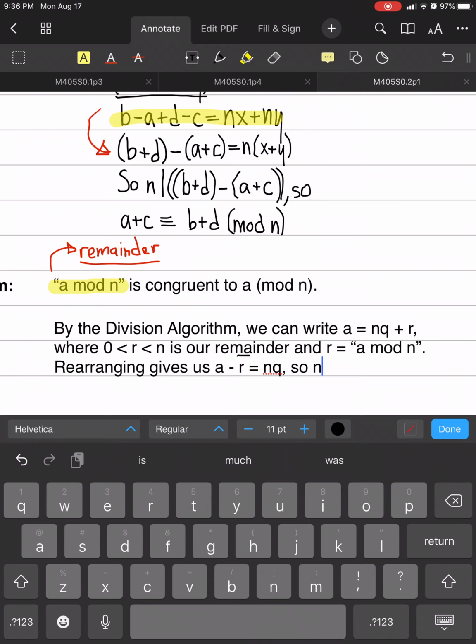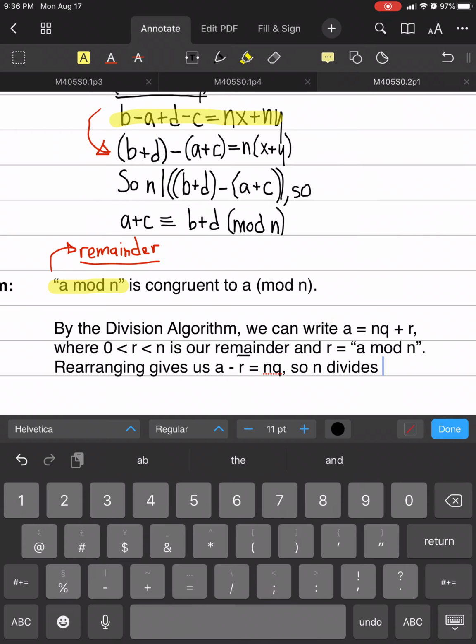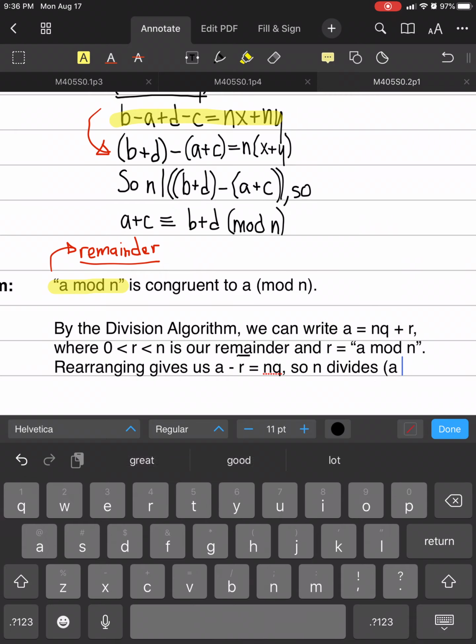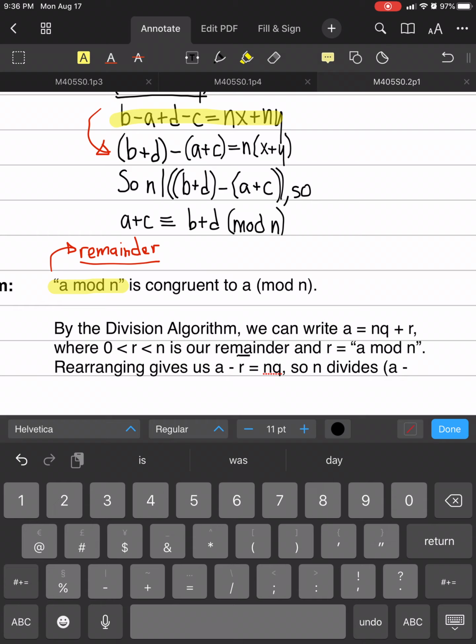So n divides a minus r, and I'll use parentheses here: n divides (a minus r).